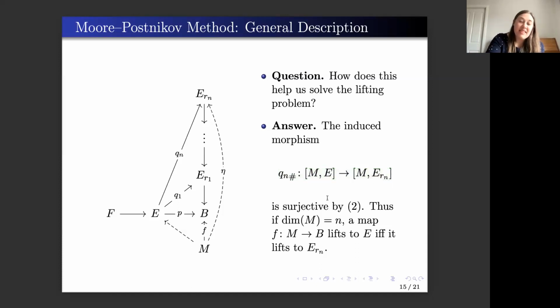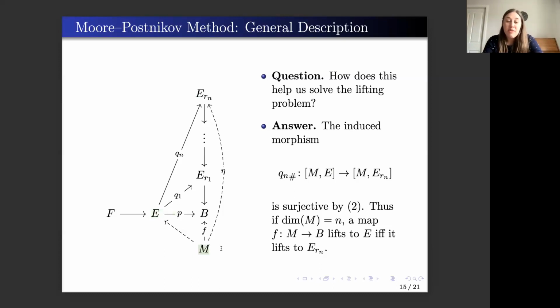But what this means is that Postnikov theory has allowed us to kind of change the lifting problem game. So we had our fibration. We're trying to find a lift of this map F from M to B. And we could try and construct this by hand, but now Postnikov theory is telling us if we can construct a map from M into some high enough E_i, depending on the dimension of M, the manifold, then by surjectivity of the appropriate Q_i, we'll be gifted the map we're looking for from M to E. So this is how you use this kind of thing to solve lifting problems.